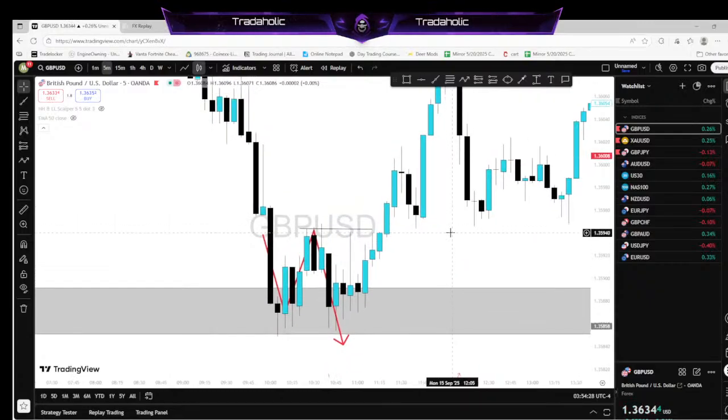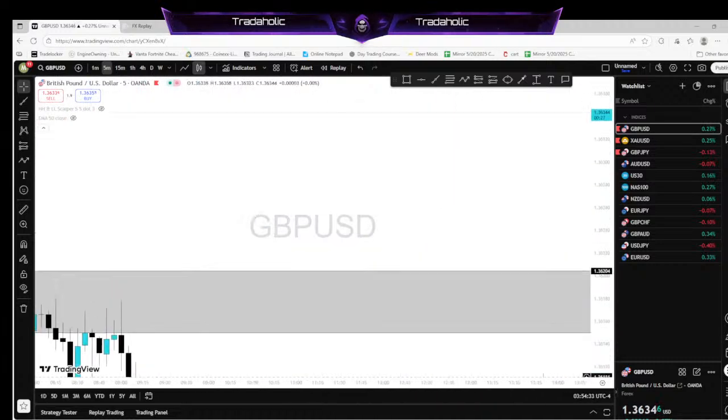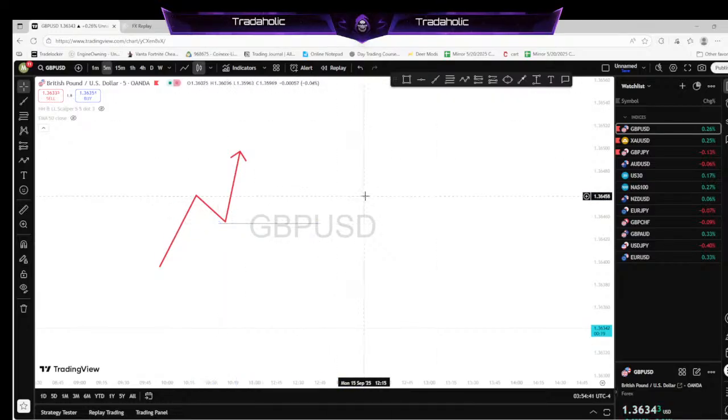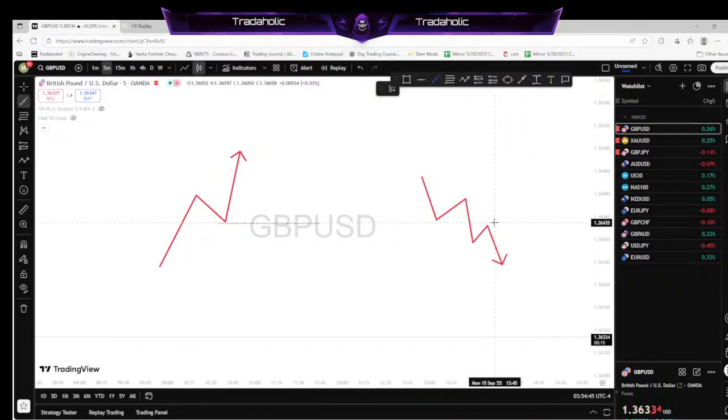You got to be able to spot changes of direction. Like I said earlier, a bullish market doesn't go bearish until it takes out the previous higher low. So if this is a bullish market, it's going to remain bullish until price takes this low. If it's a bearish market, it's going to remain bearish until price takes this high. That's it.